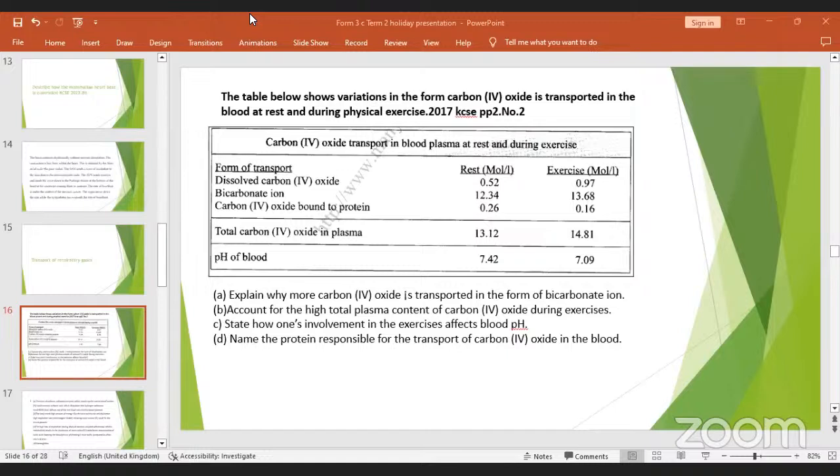During exercise, the cells respire, producing carbon dioxide. Okay. Is that one the reason? You see, I want you to understand something. If you are at rest, your body is still respiring.